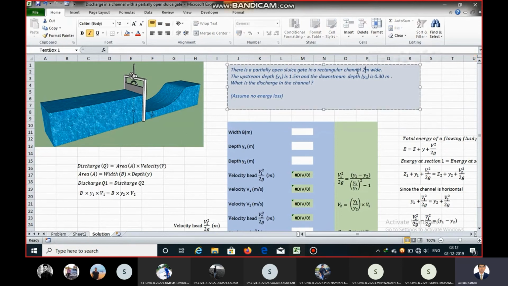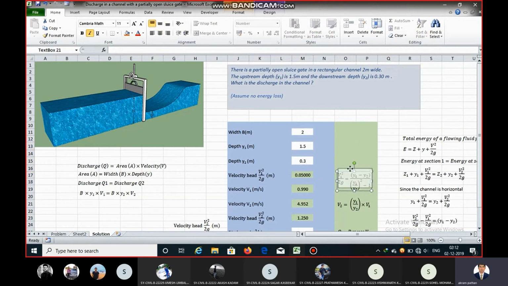So you can apply the continuity equation and calculate how much discharge we have to release by opening the gate. For example, assume the width of the channel is 2 meter, depth y1 is 1.5 meter and depth y2 is 0.3 meter.